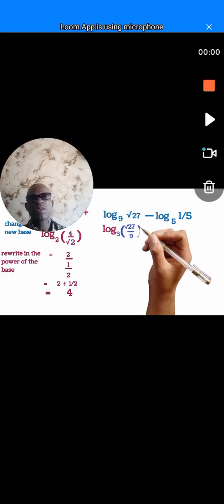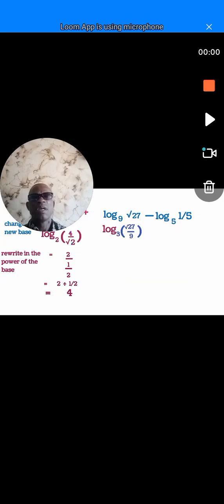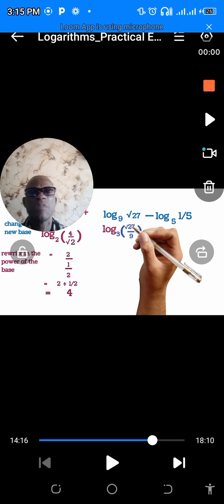Now we find out what is the power of 3 to get 27. The power of 3 to get 27 is 3, but hold on. Wait a minute. Do not forget that there is a root there. So the root will first of all come out to become 1 over 2, then multiply by the power to which 3 will be raised to give you 27.